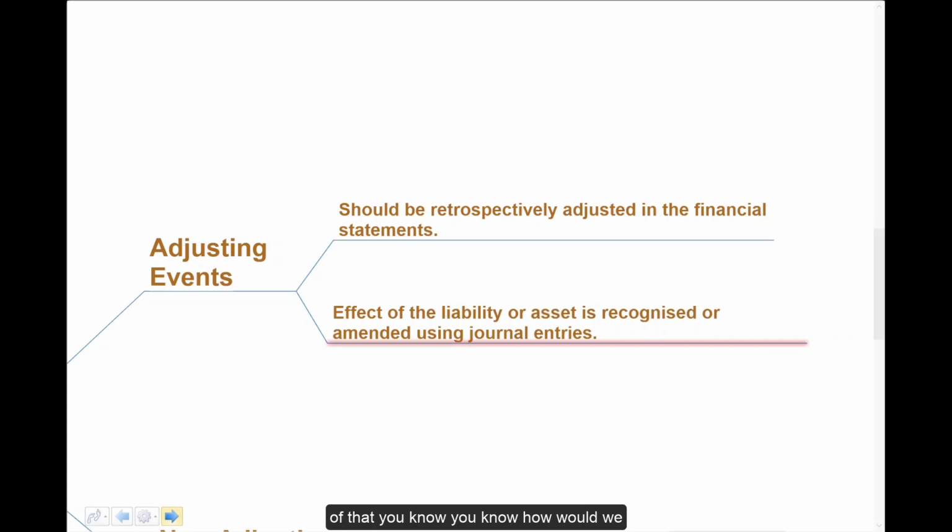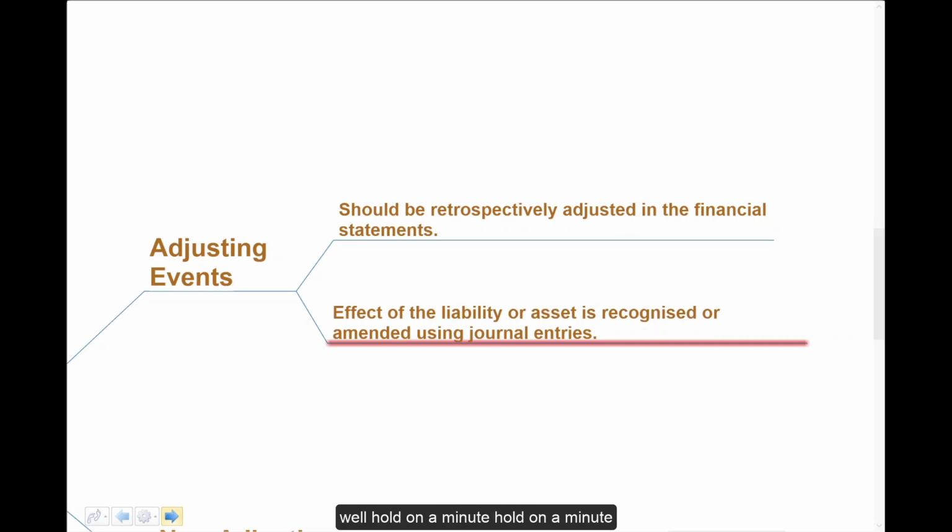How would we do it? Well, we're talking, broadly speaking, about assets or liabilities in some way, shape, or form. We should recognize, or indeed amend, using journal entries. You remember from our studies, the journal. Doesn't that allow us to adjust a set of accounts once we've produced the trial balance, the statement of financial position, the profit and loss account?